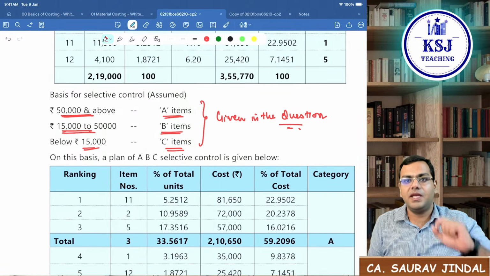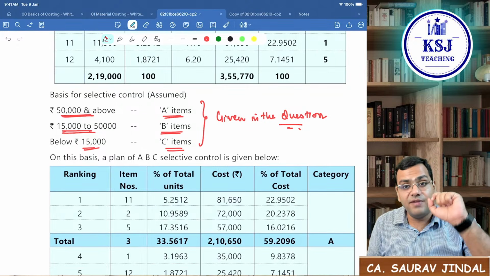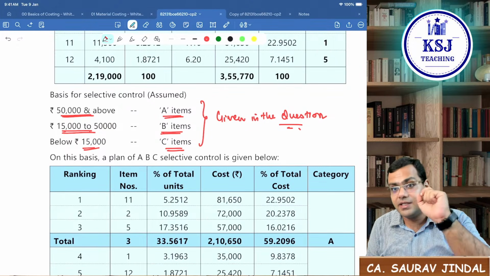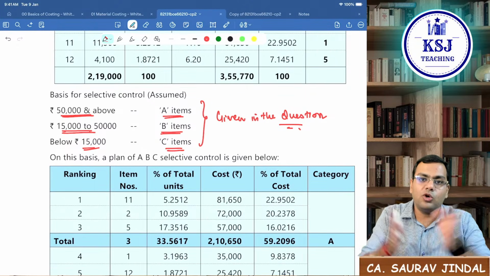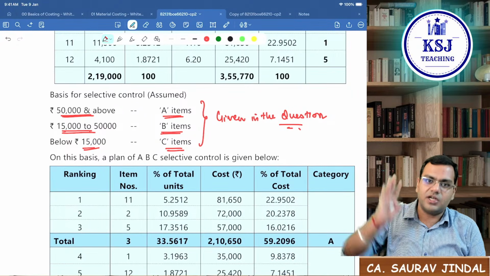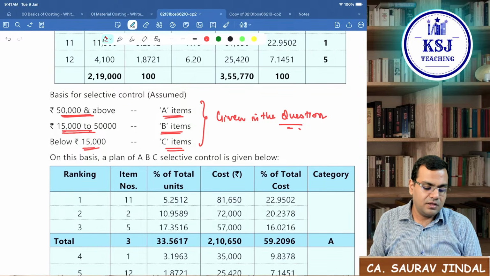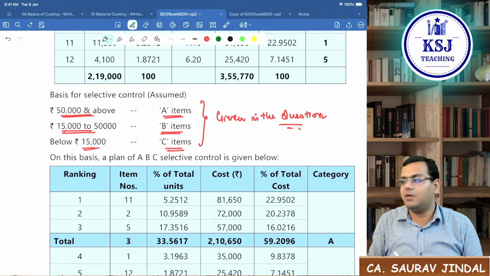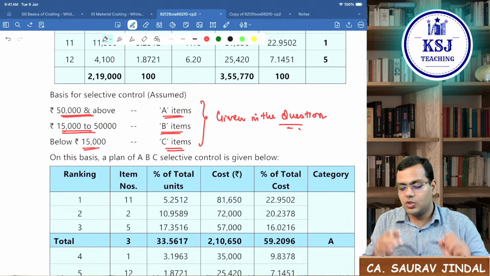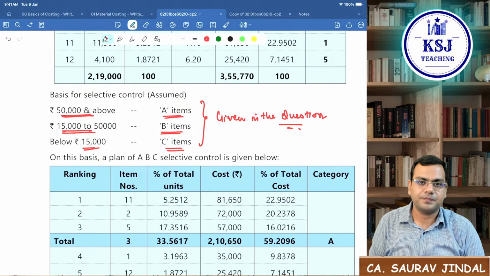The reason being, if it is not given, it will be very difficult for the institute to create the suggested answers. If they keep it open, one student will select 50,000 and above, another 40,000 and above, another 35,000 and above as A category. Then the institute will not be able to make the suggested answers. So how to categorize will be given in the exam.